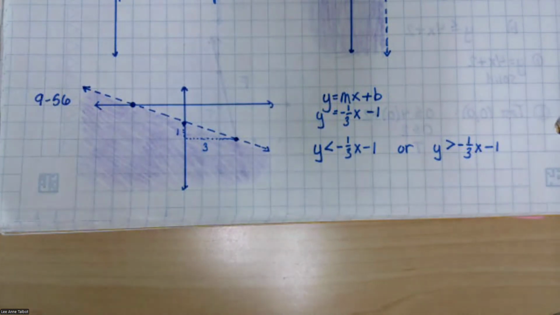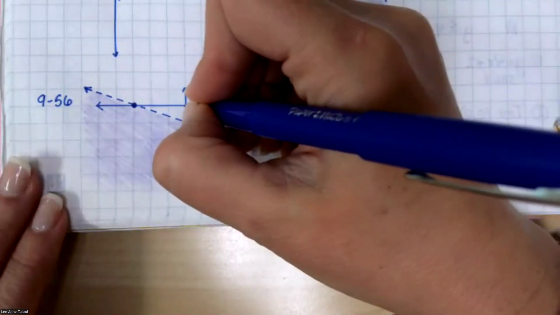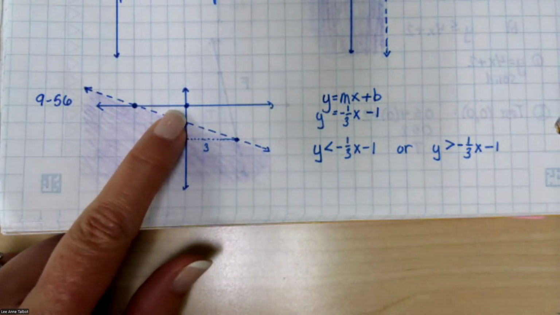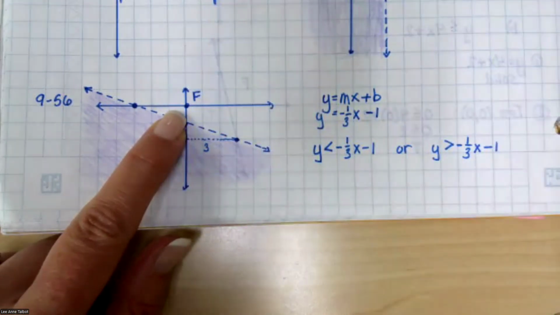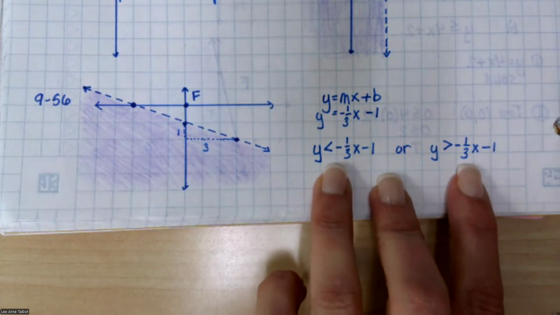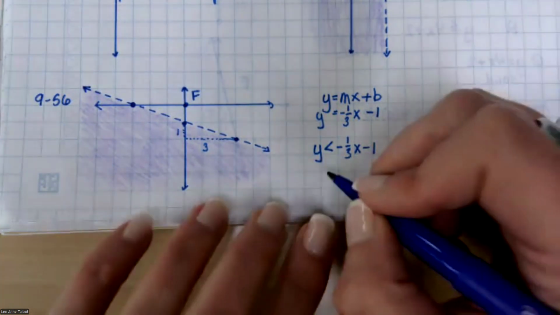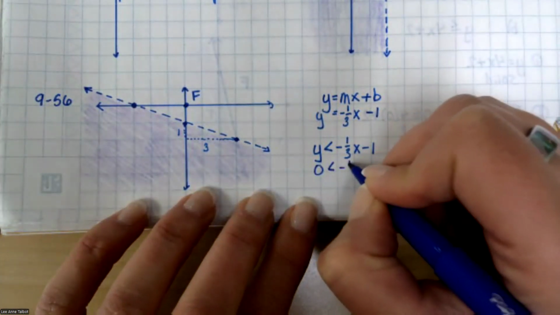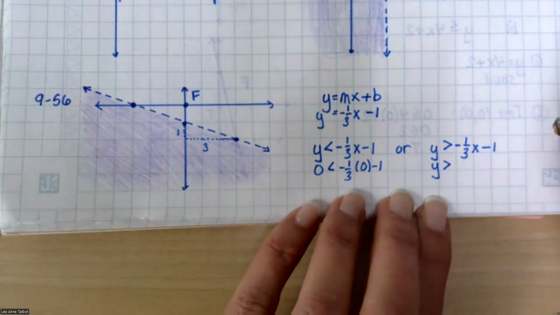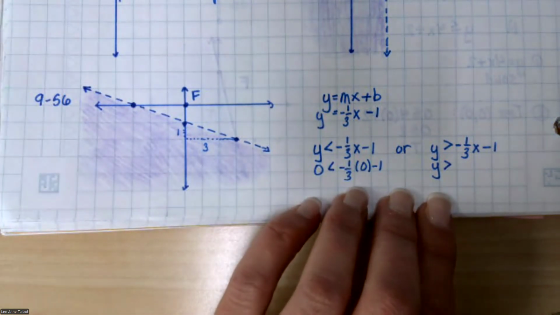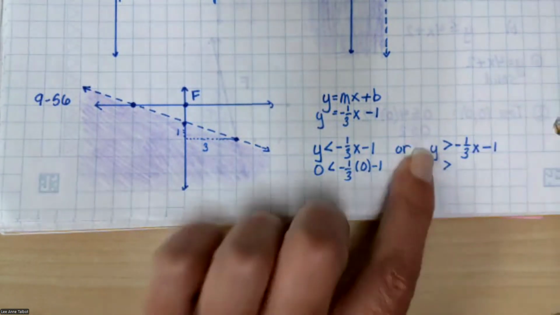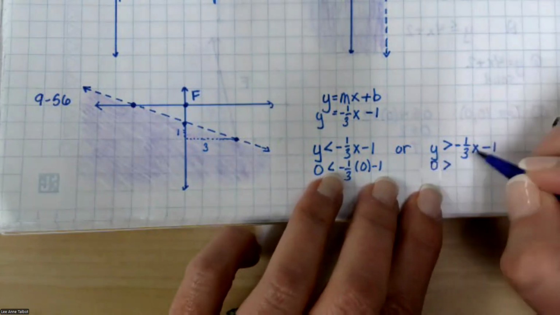Okay, now here's my big question. If I were to test 0, 0 right there, would it be true or false? False, because there's no shading. So what I'm going to do is plug in 0, 0 into both of these and see which one gives me false. Or maybe not. I'm going to forget to do it in the second one and just write y instead. Man, I made it almost the whole thing without needing whiteout.